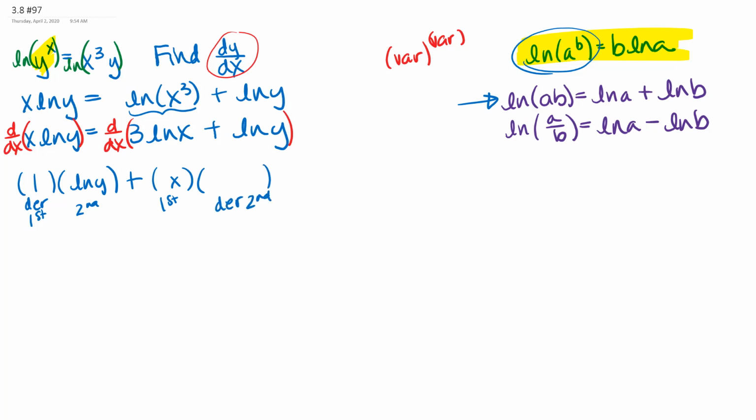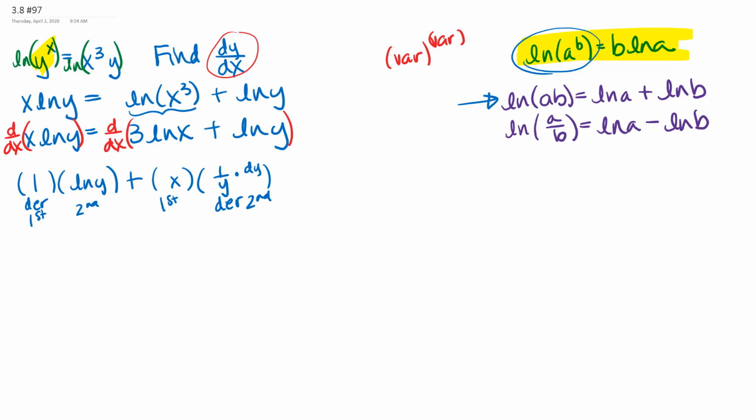And here's where I'll be using the implicit differentiation, and I'll have my extra dy/dx that shows up when I do this step. So derivative of ln of y, derivative of ln of a variable is 1 over that variable times the derivative of what's inside the logarithm.